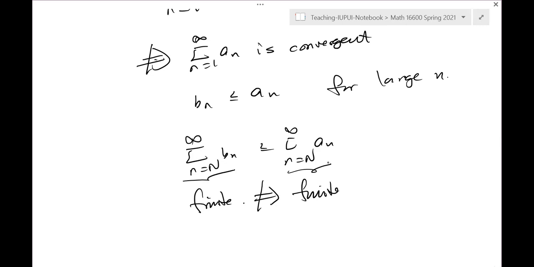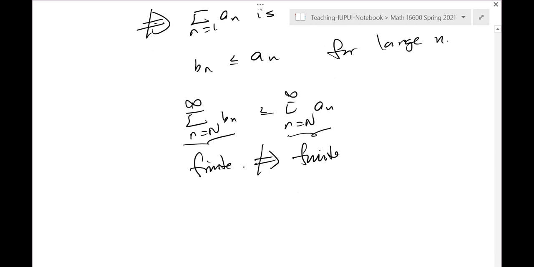It's the wrong choice for Bn. That's why I say it's difficult to choose the right Bn. Well, how about that? I can let Bn be not 1 over n squared. Then I just need a half of the Bn, 1.5. That's probably good enough.